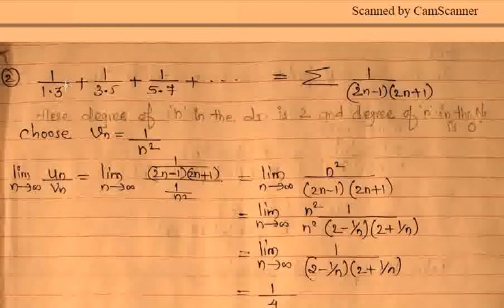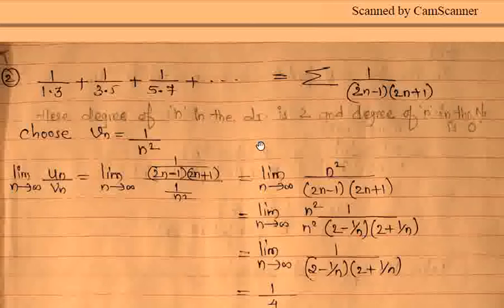Next, 1 divided by 1 times 3 plus 1 divided by 3 times 5 plus 1 divided by 5 times 7. So it is 1 divided by 2n minus 1: for the first term, 2 minus 1 is 1; 2 twos are 4 minus 1, which is 3; 1, 3, 5, this is odd, and this is also odd. So 2 ones are 2 plus 1, which is 3; 2 twos are 4 plus 1, which is 5, so this is also odd.